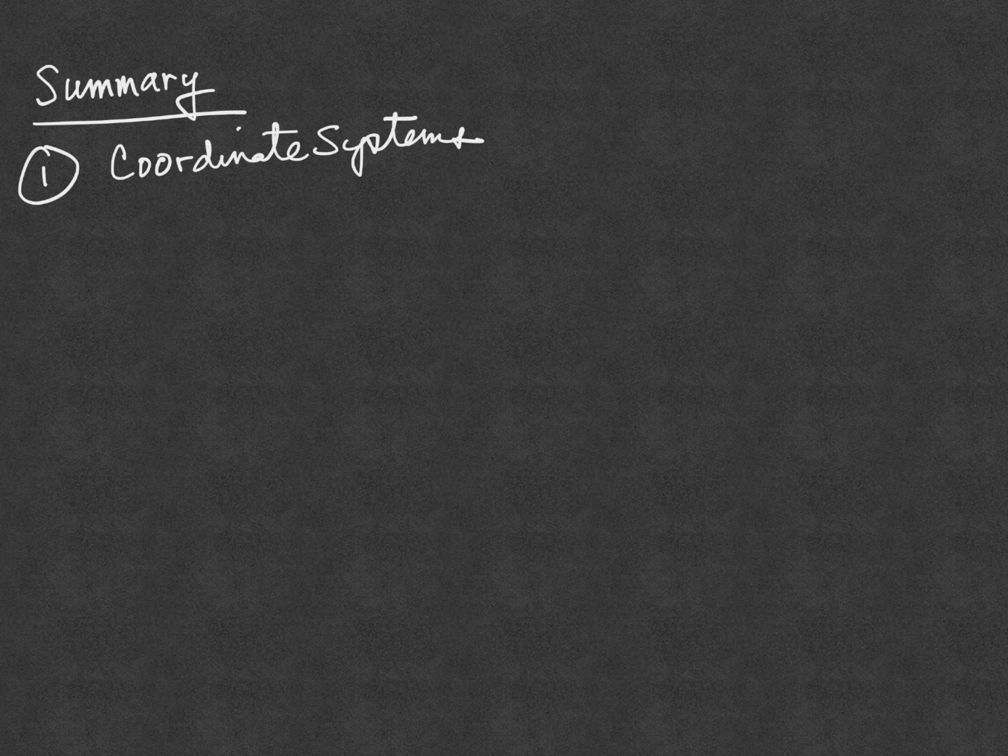And to provide an overview of what we did in this lecture, the first thing we did was we discussed coordinate systems. And these coordinate systems enabled description of the orbit in space relative to an inertially fixed set of coordinates. The first ones of these coordinate systems was heliocentric-ecliptic coordinates.